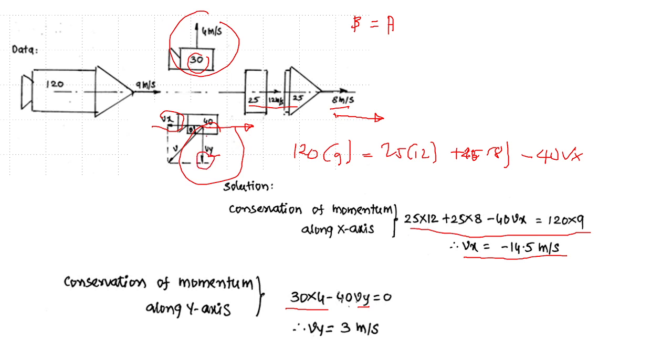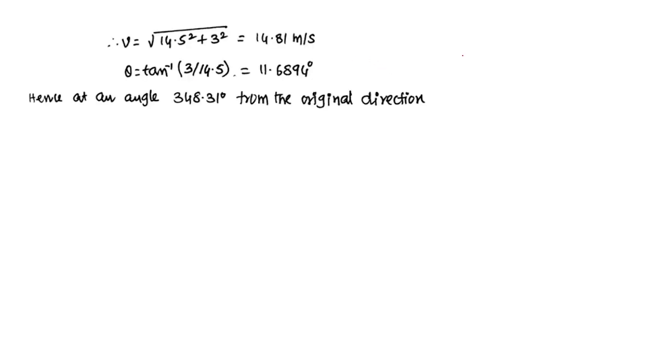So the velocity of the fourth component, let us say v4, should be going here. It's easy now to calculate because you have here 14.5 and 3 meters per second as components, and the hypotenuse is the fourth velocity.